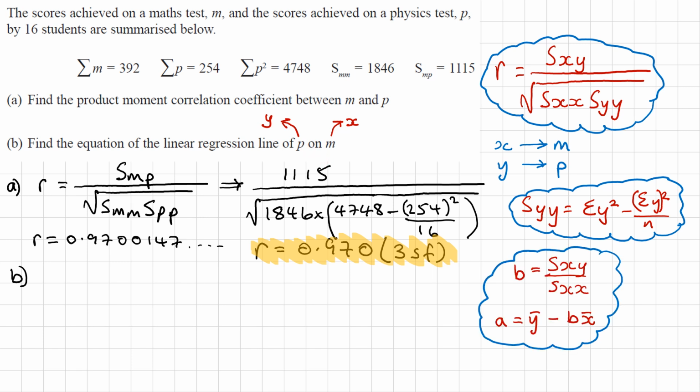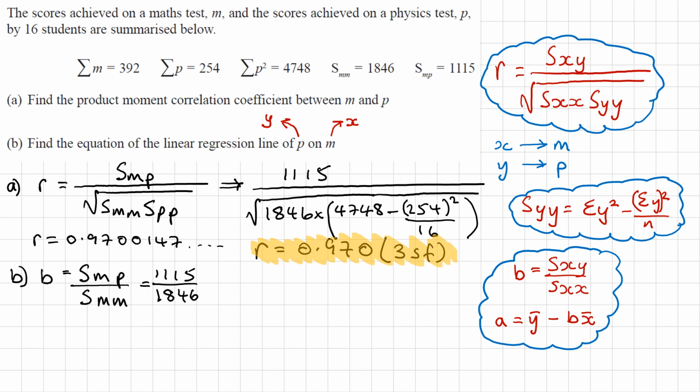Now the formula book has these for us in terms of X and Y. Remember, we need to change these to M and P. So B would be equal to SMP over SMM. So we have both of those, so that will be 1115 over 1846.